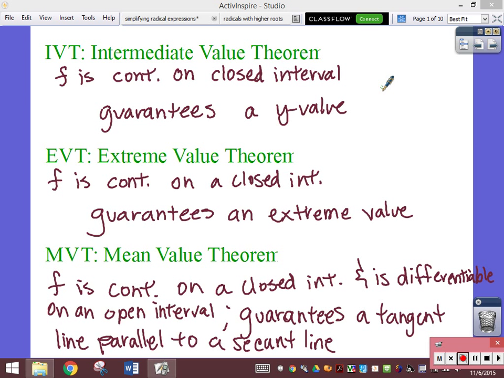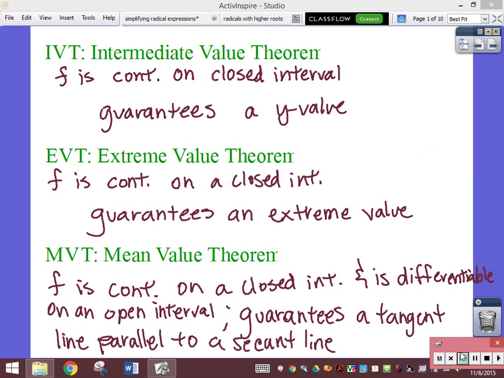And then the extreme value theorem is same condition, f has to be continuous on a closed interval, but this guarantees an extreme value. So this guarantees that you'll either have a maximum or a minimum. And that's the one we did yesterday, where if it's a closed interval and it's continuous, you're guaranteed to have absolute max and absolute minimum.